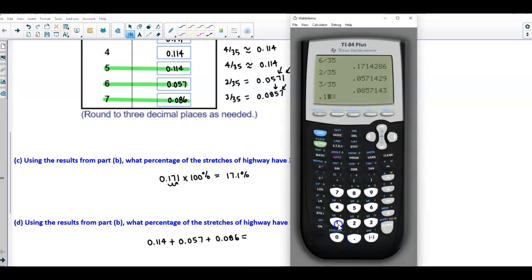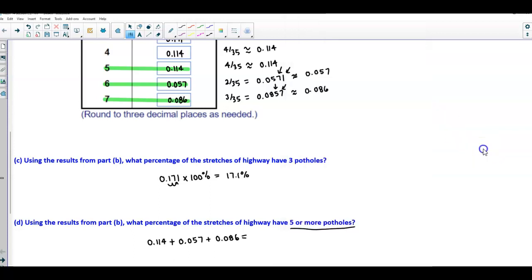Let's see what we get when we add those up. 0.114 plus 0.057 plus 0.086 is equal to 0.257. So that's the first part. Now the second part is we need to convert that to a percent. 0.257 multiplied by 100% tells us to move the decimal place over twice.